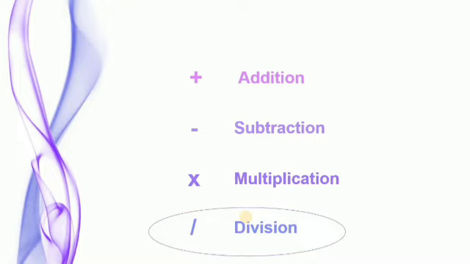When you divide a number by another number, for example, if we divide 10 by 2, it means we have to see how many 2's are there in 10. We can easily say there are 5 2's in the 10, and therefore we can divide it and the remainder is 0.